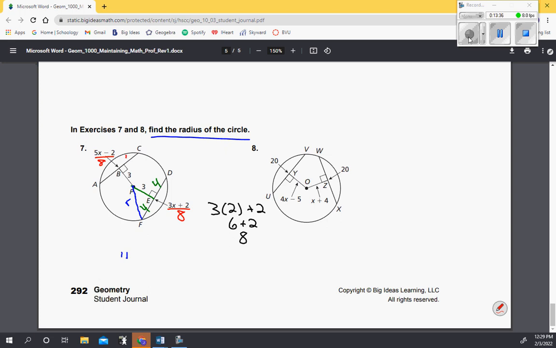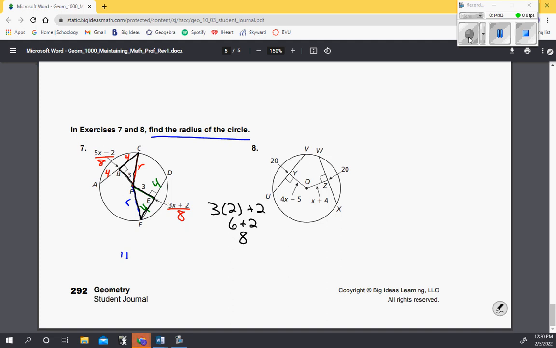You know that this is 4 and this is 4. You could have done the same exact thing right here, which is R. Either way, what you have is a right triangle with 2 sides that we have, 4 and 3. We need to find the hypotenuse. And how do we do that?